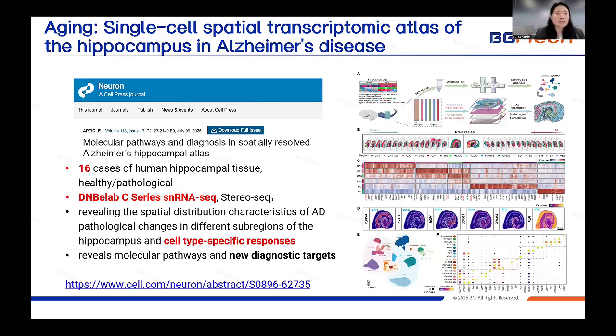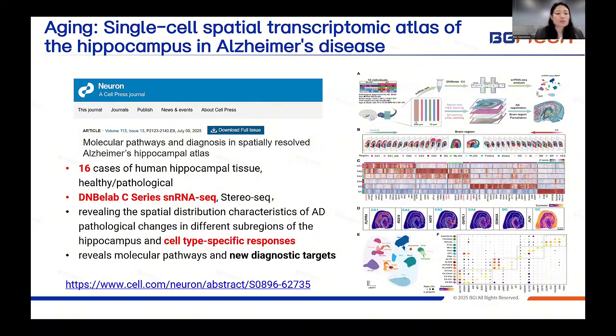The second study is about Alzheimer's disease. This study combined the DNBelab C Series single nuclear RNA-seq with Stereo-seq, and it includes 16 cases of human hippocampal tissues, including healthy and pathological tissues.